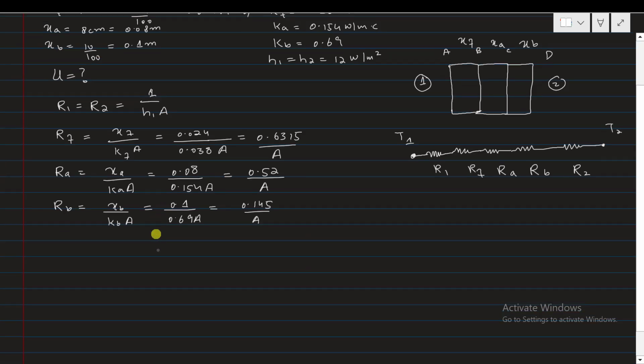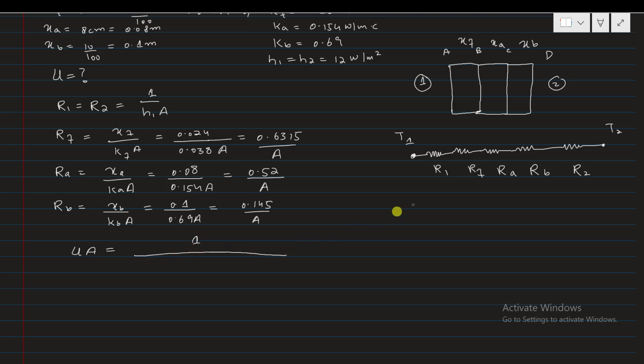Okay, so now the overall heat transfer coefficient and area product is equal to 1 divided by the total resistance that is offered to the heat transfer, that is R1 plus R2, then plus RF, RA, RB.